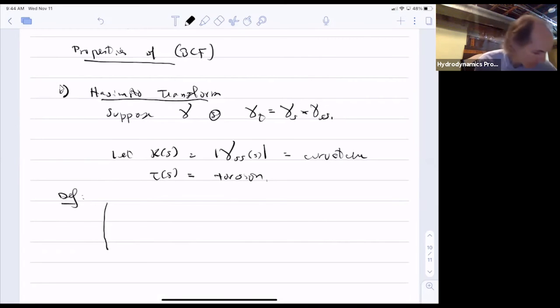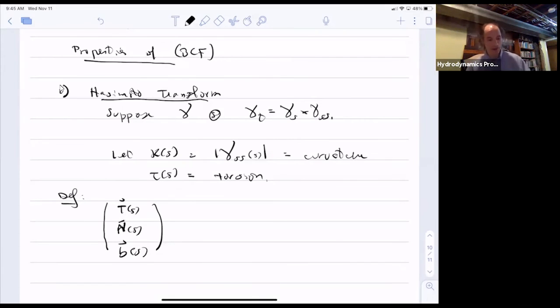I'm doing this slightly backwards, but I've defined the tangent, the normal, and the binormal. These are an orthonormal frame for R3 at every point, at every s.